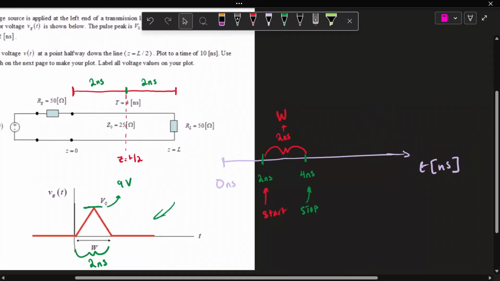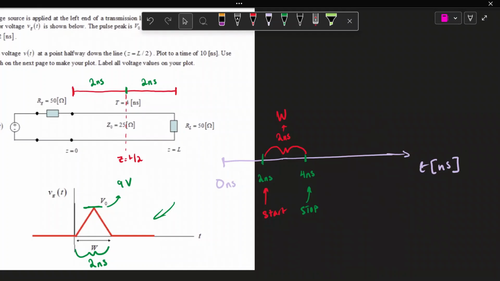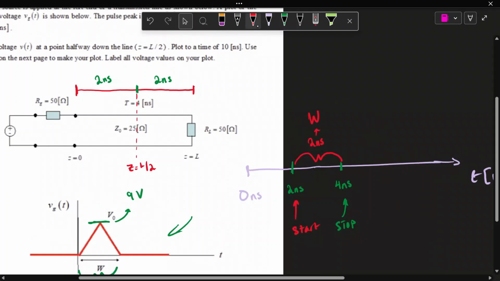Now, how do we know when it starts up again? Let's think about this. The signal is going to be going from 0 to L over 2 in 2 nanoseconds.